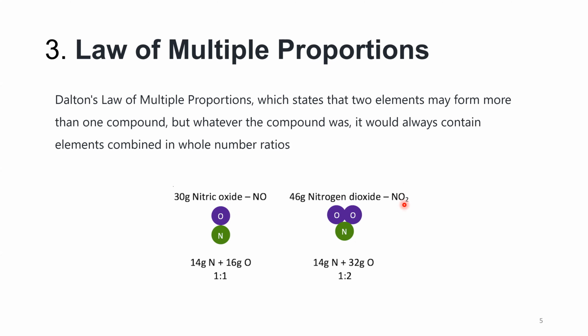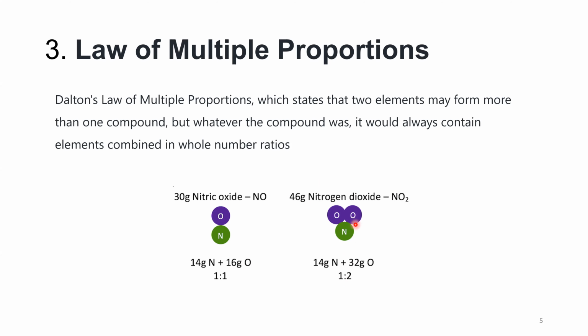They are different compounds, with their own chemical and physical properties. So their molecular weight is different, because now there is one nitrogen and 32 gram of oxygen, which is two atoms of oxygen, 16 into 2, that is 32 grams of oxygen. And now the ratio is 1:2.